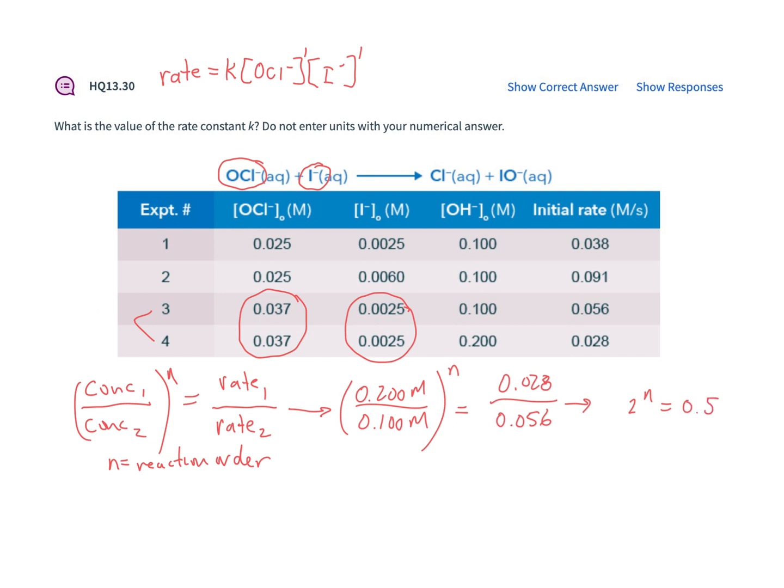We're looking for n, that exponent, so we can take the log of both sides. That will solve for n.